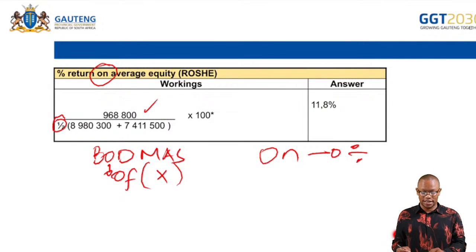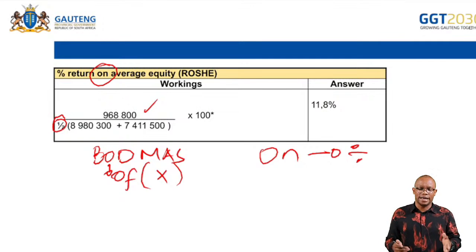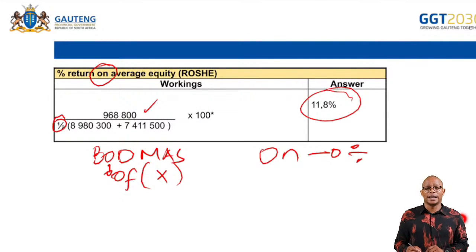As you see, here it is given. Then you take your shareholders' equity. We spoke about knowing the accounting jargon or the slang. So if you know what shareholders' equity is, definitely you will make it, Mense. You take your shareholders' equity from the previous year plus the current, you divide by 2. Definitely you will get your 11.8%.